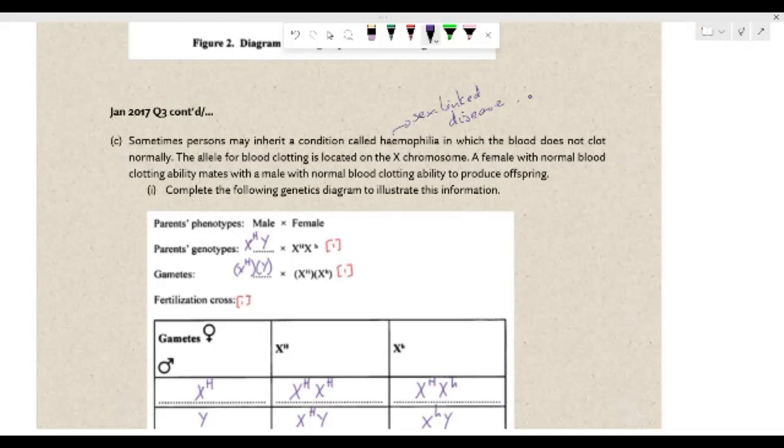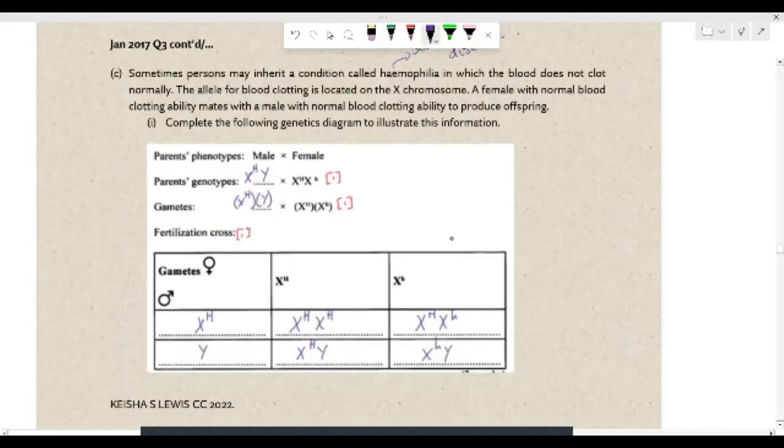So we are being given a scenario where we take a woman with normal blood clotting ability and she's mated with a male with normal blood clotting ability as well. Now notice in the diagram, they provide some of the information.